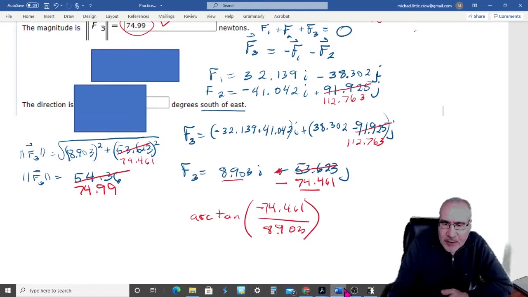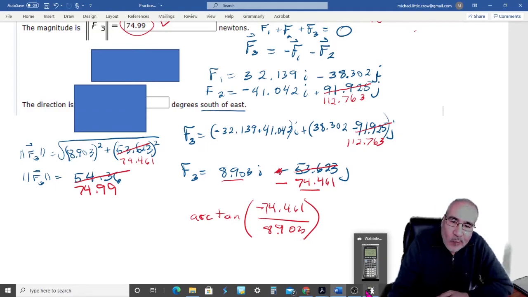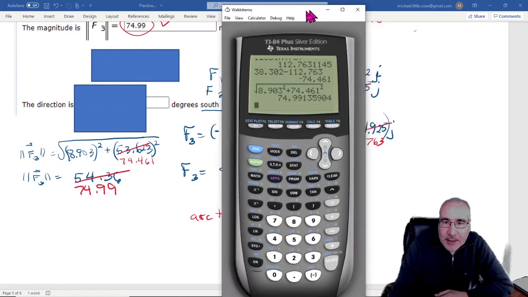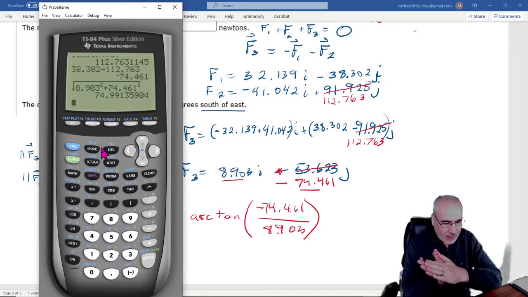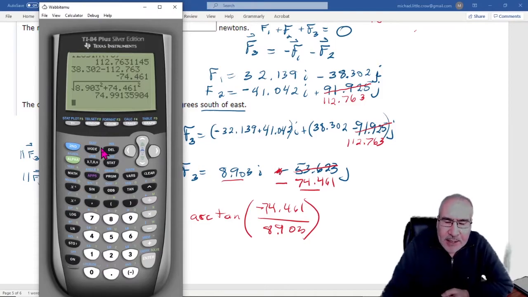Since it's going to the southwest, we should have our, now let's see. Yeah, we'll just do it. Remember with arctan, it's only good between, I guess I forget my domain, from 0 to pi. So we'll see. We'll just give it a try. Let's see, tangent, we want the inverse tangent, our arctangent. And let's try this, actually negative 74.